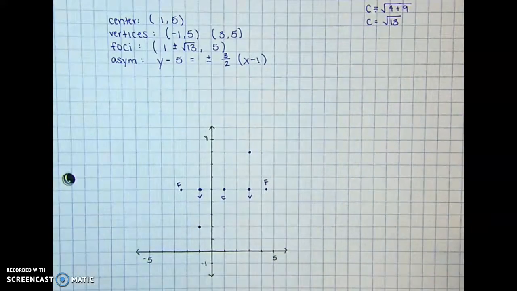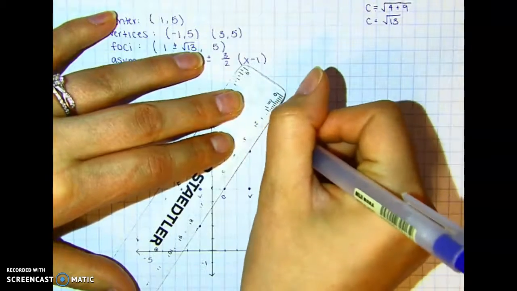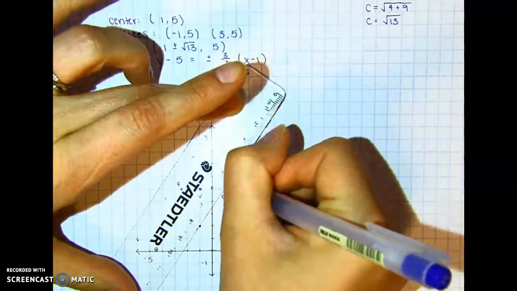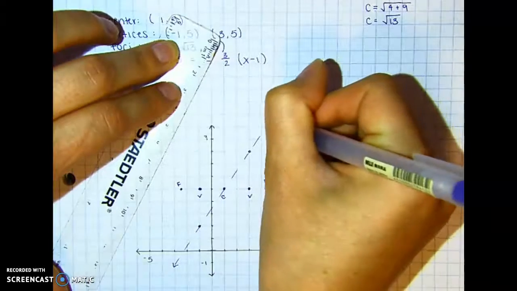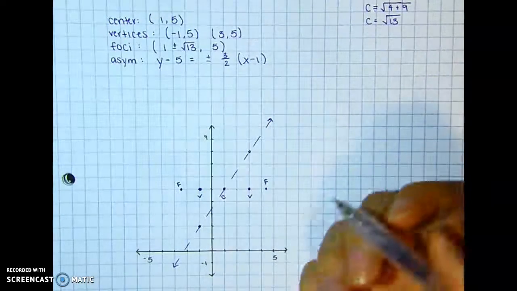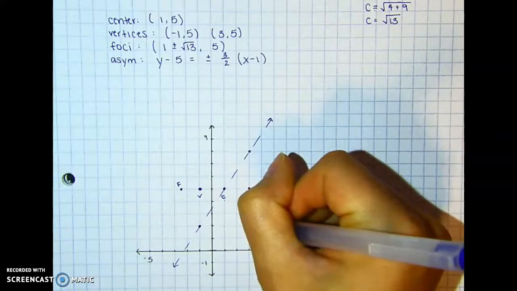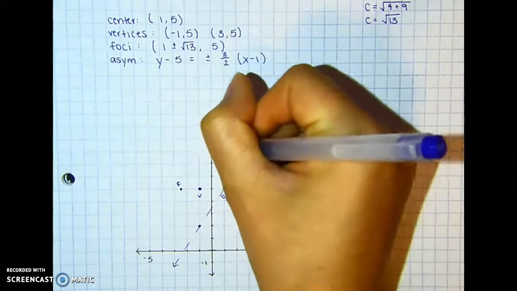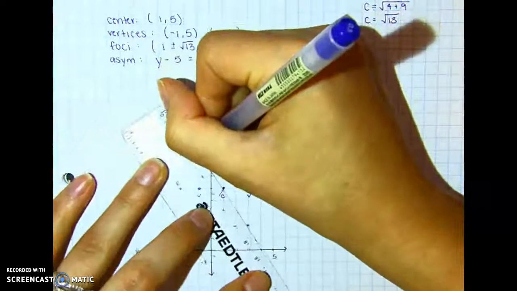So there's one of the asymptotes. And then down 3, right 2, and then up 3, left 2. So here's the other asymptote.